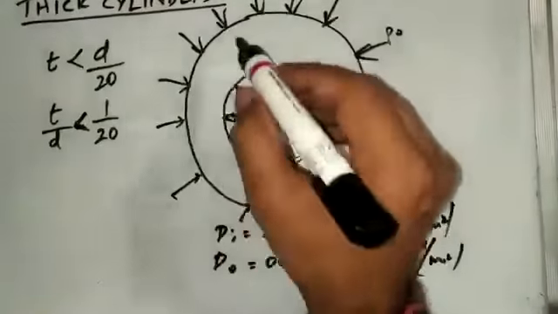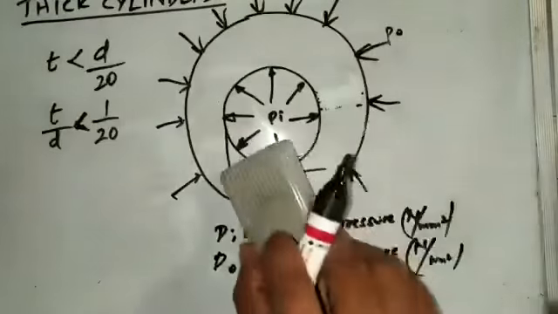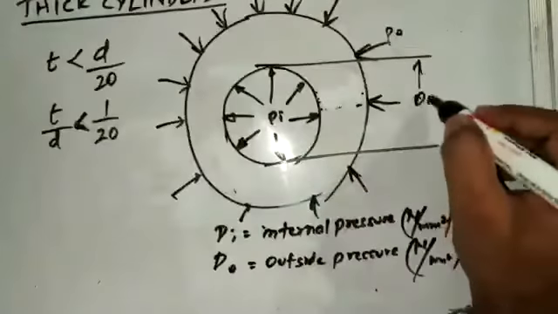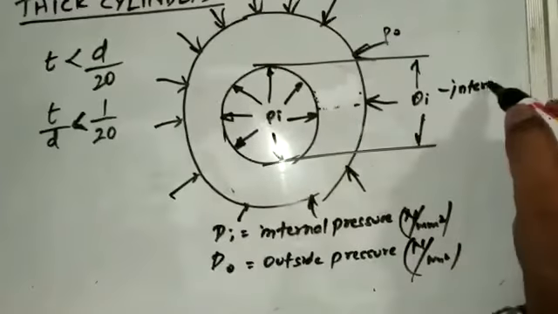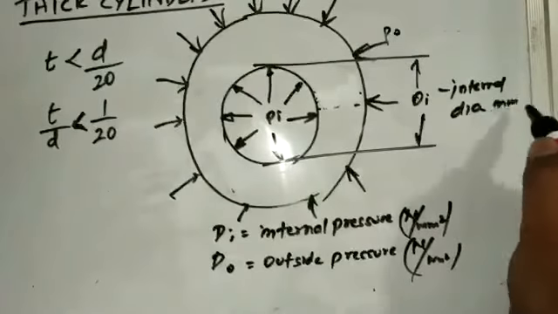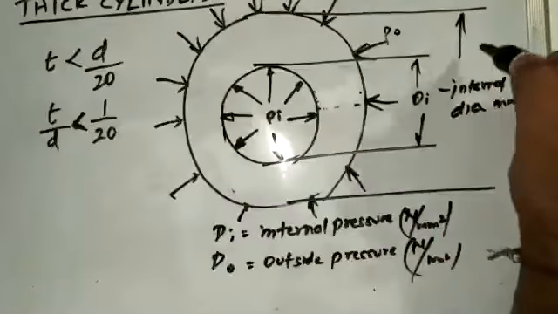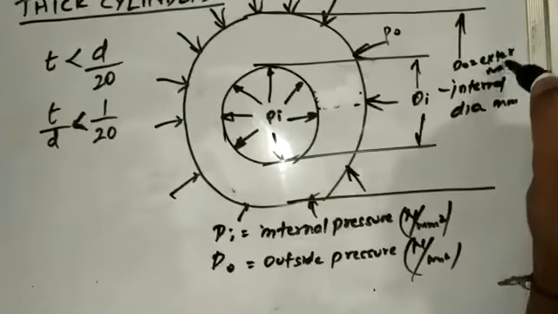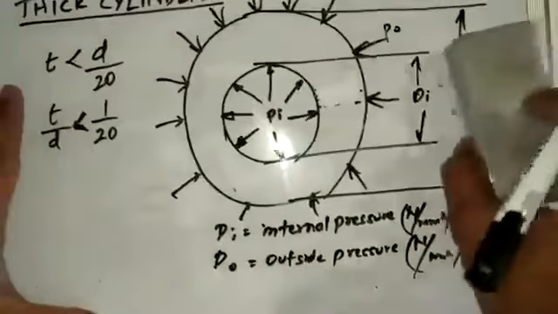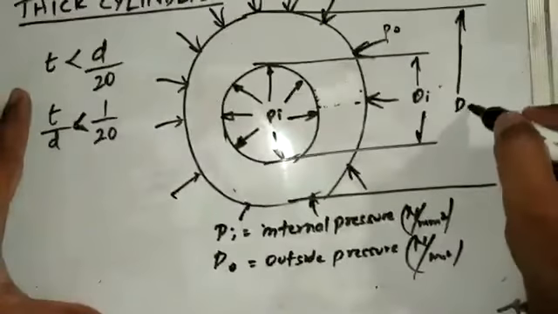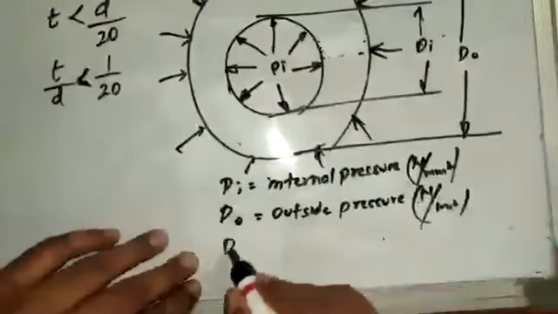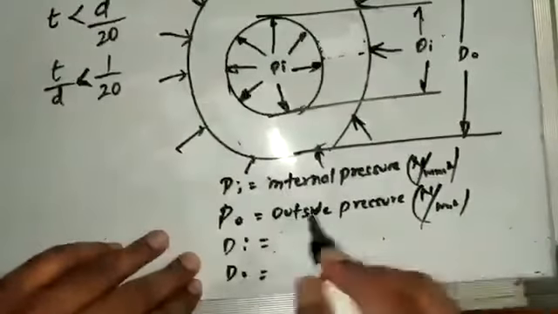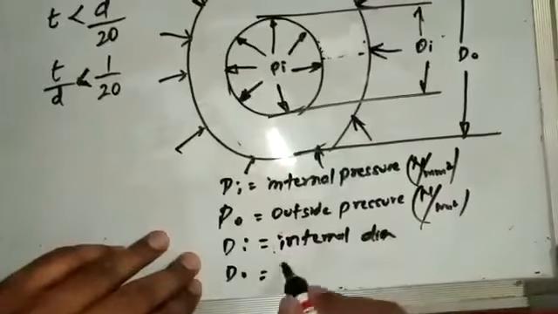So di is the internal diameter of the cylinder in mm, and Do is the external diameter in mm.